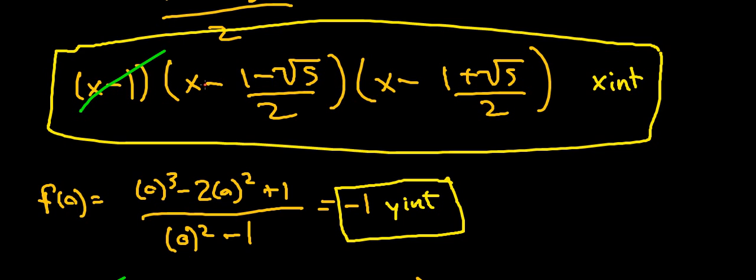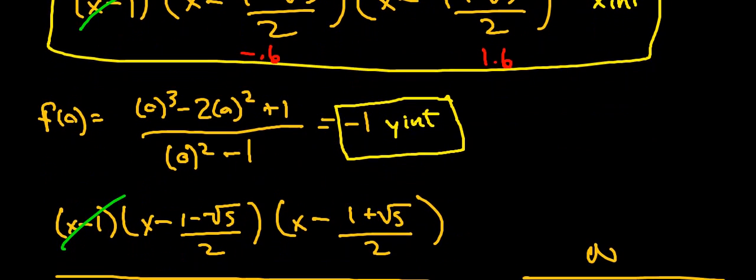Let me see what that is. So this is about minus 0.6, and this is about 1.6. And I'm just going to estimate where these are on the graph. Obviously, I'm not going to be able to do that perfectly.